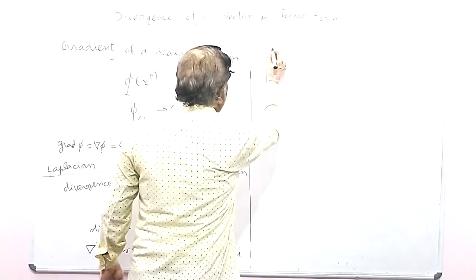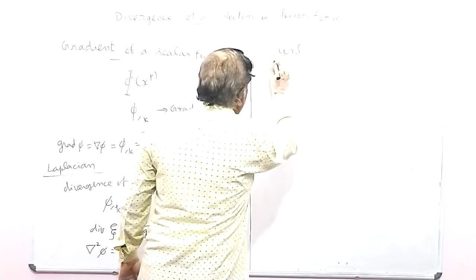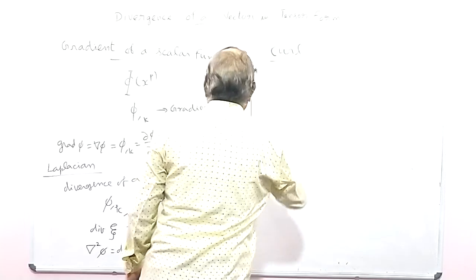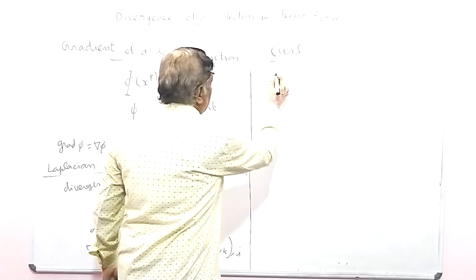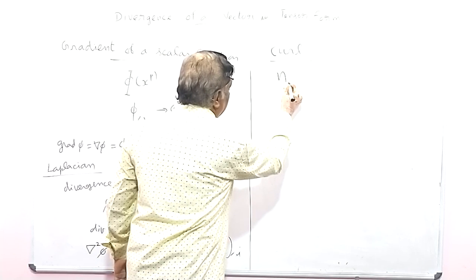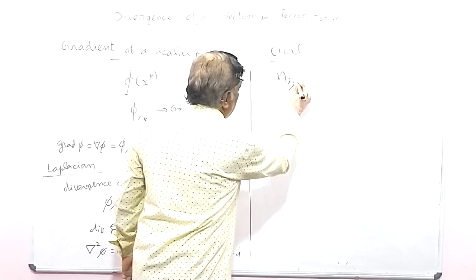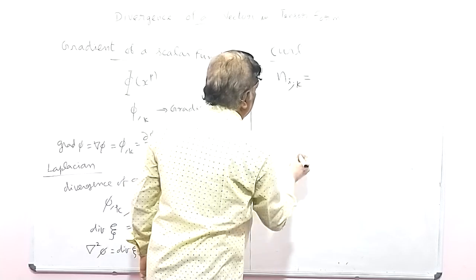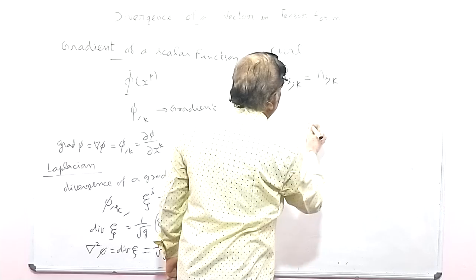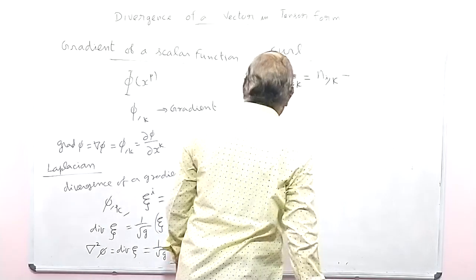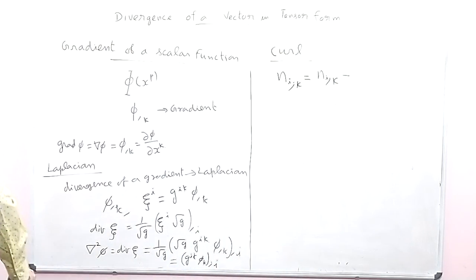Next we discuss the curl of a vector. Here you take a covariant vector, n i semicolon k. The first term is the normal derivative, minus, then using the definition, n s gamma s ik.